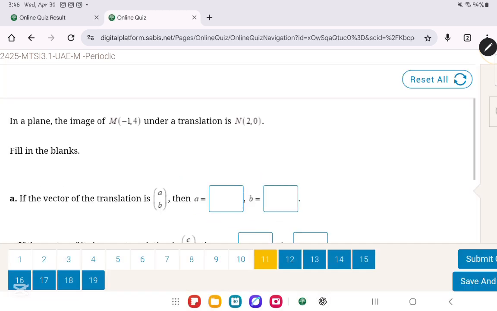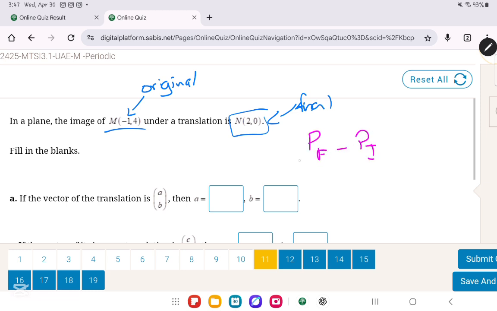In question number 11, they said, in a plane, the image of M minus 1, 4. So this over here is original. Under a translation is this. So this is the final point. They want us to find the vector of the translation. So very simply, it's going to be point final minus point initial. Point final, which is 2, 0, minus point initial, which is what? Which is minus 1, 4.